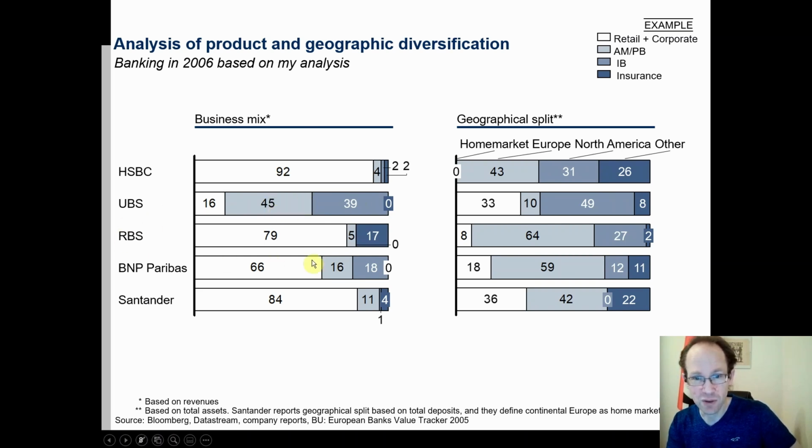And Royal Bank of Scotland, before it got bailed out, of course suffered from its exposure to investment banking activity. It's also a nice way to communicate a business mix and geographic footprint. And again, you see very nicely that HSBC is truly a global bank, very much globalized, which again is useful in the case of a financial crisis.